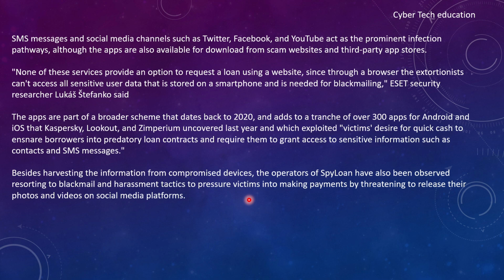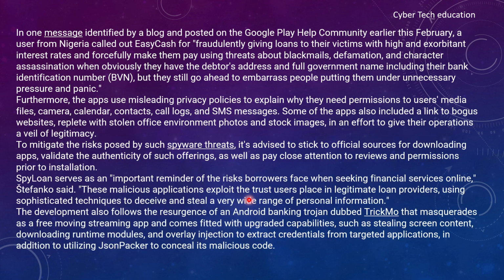Besides harvesting information from a compromised device, the operators of SpyLoan have been observed using extortion and harassment tactics, which pressure victims into making payments with threats to release their photos and videos once they get the access.